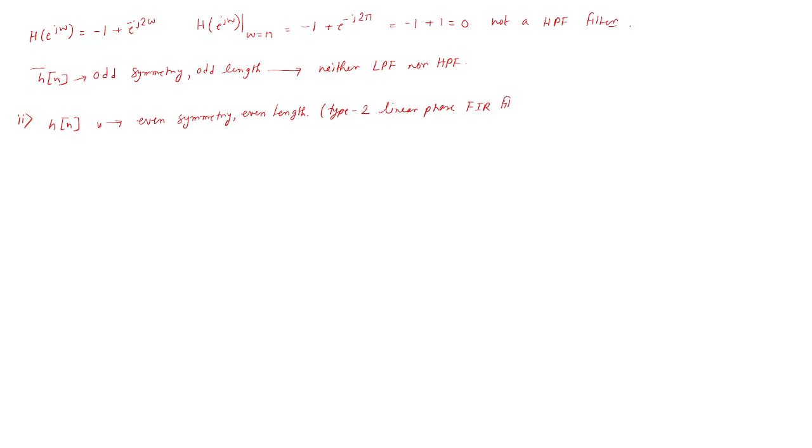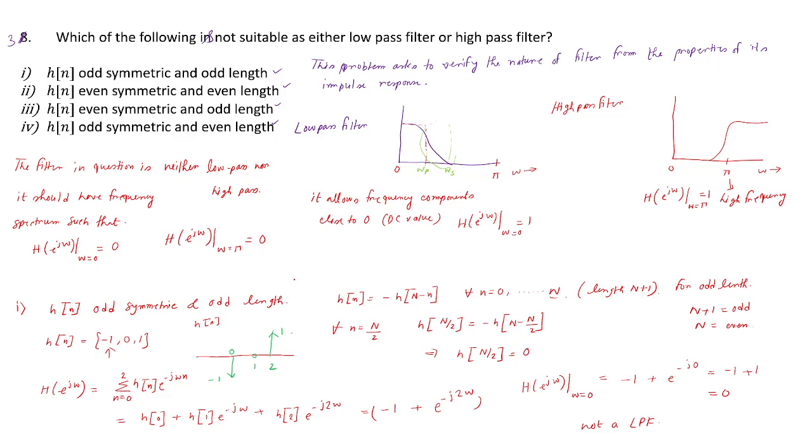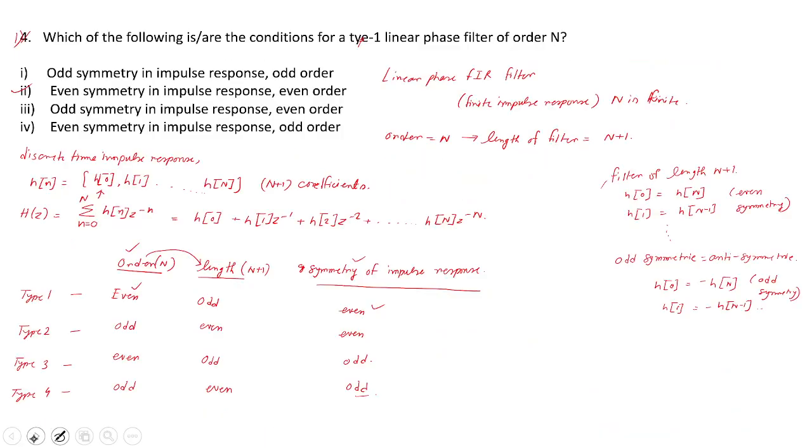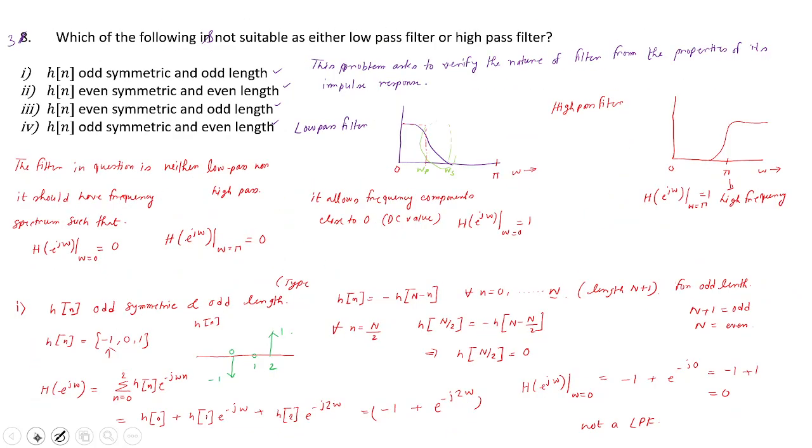If you remember from the first problem we encountered today, in our first case, we forgot to write odd symmetry and odd length. This actually corresponds to a type 3 filter. Let me just revisit. Yeah, it's type 3 only.